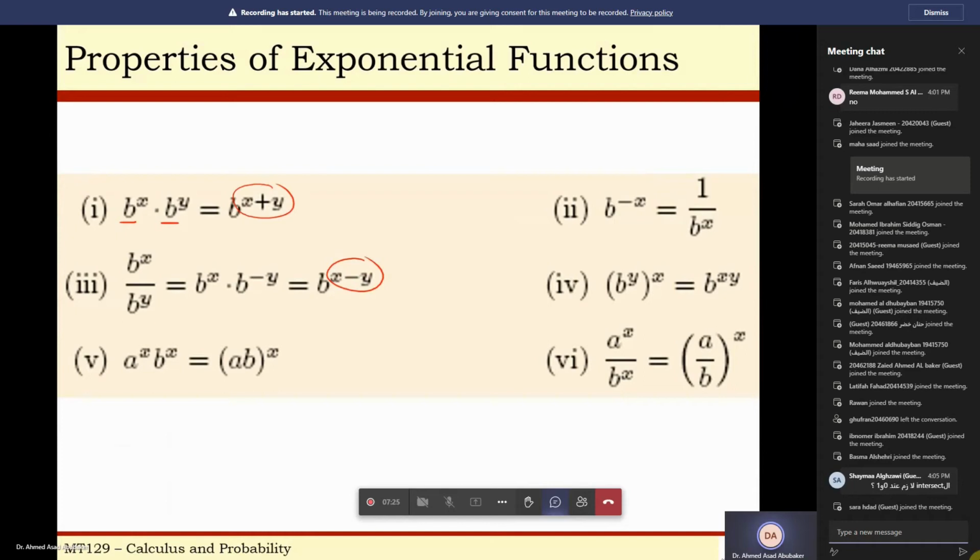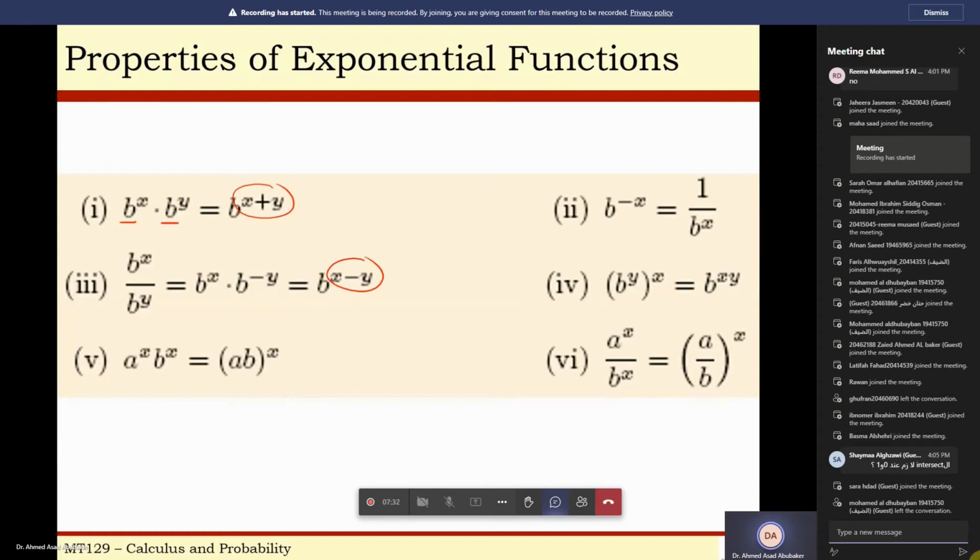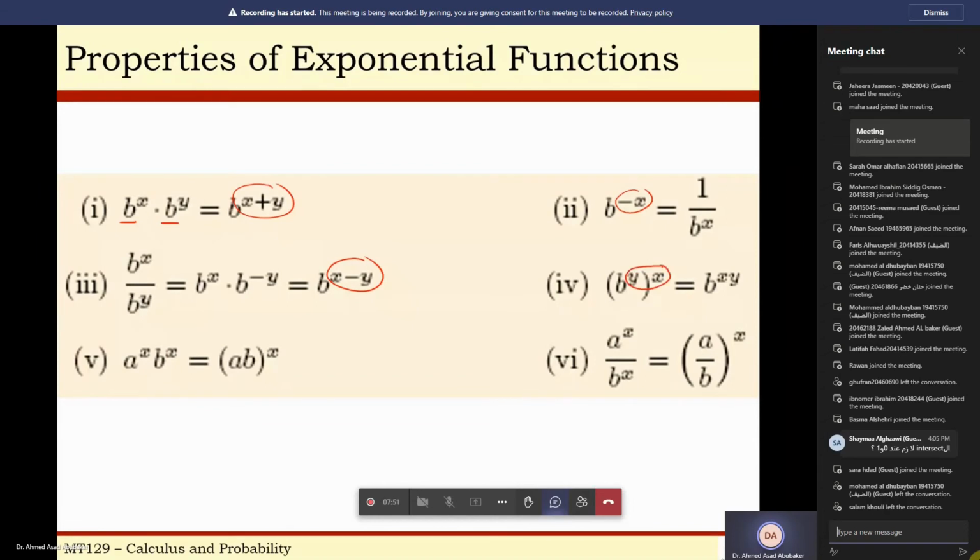If we have a negative exponent, we can convert it to a positive exponent by changing the position of the base from numerator to denominator. If we have a power to a power, we can multiply the two powers.